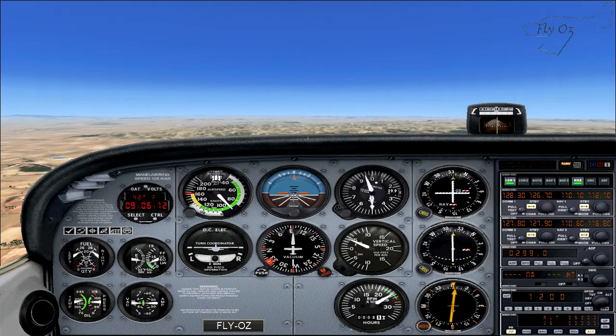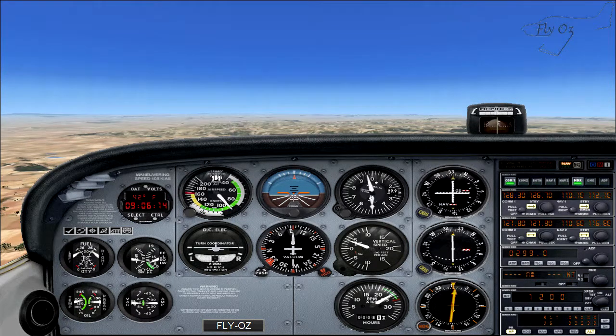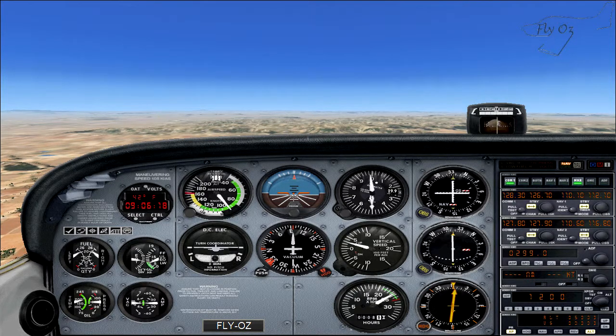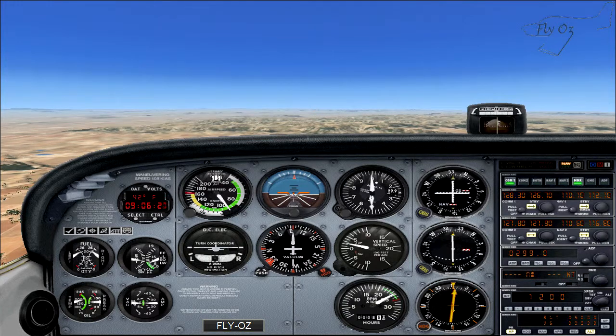For our third demonstration, we're going to stall the aircraft at 45 degrees angle of bank. And I want you to observe what happens to the aircraft as it stalls.